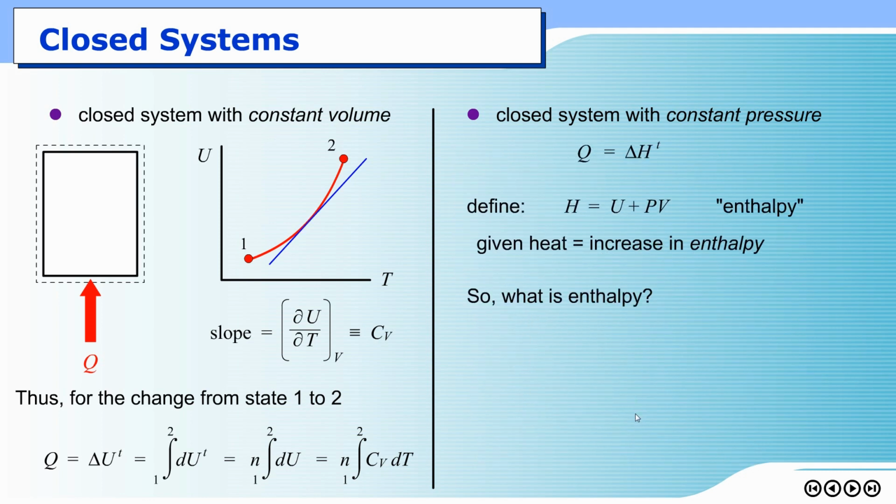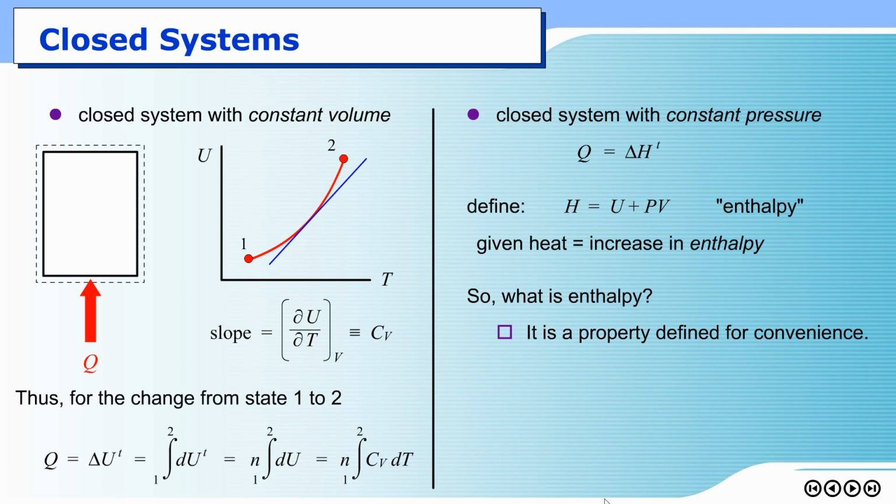So what is enthalpy? Just to be clear, first, enthalpy is a derived property. It's a property that is mathematically derived, and the derivation was done basically for convenience. There are two advantages, or two purposes, of the definition of enthalpy.